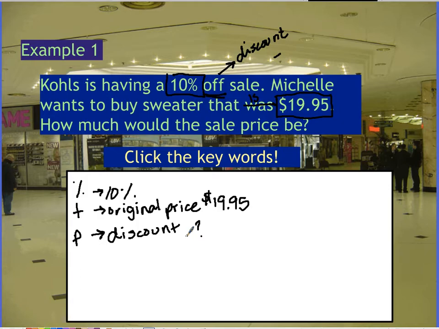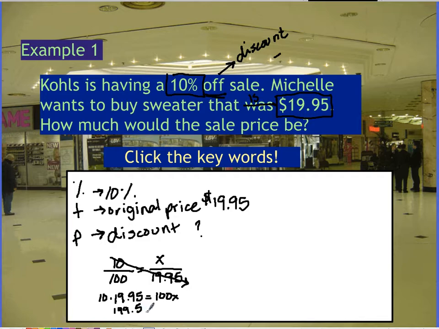All right, so I'm going to solve using a proportion. So I know that 10 over 100 is equal to my part, which I don't know, over my total or my whole, which is $19.95. So I'm going to multiply, and I know that 10 times $19.95 is equal to 100 times x. Here I get $199.50 is equal to 100x.